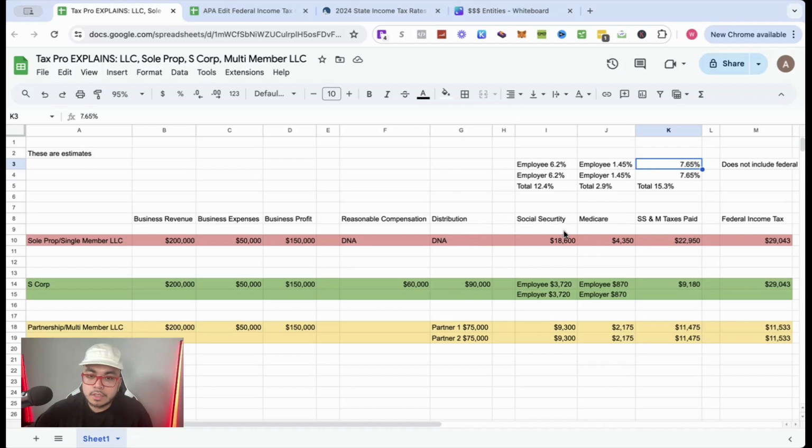Okay. So based on this alone, off of $150,000, when you are a sole proprietorship single member LLC, you are not only the employee, but you also are the employer. Now, that sounds crazy to some people. So, hey, I have to pay 7.65 as an employee, but then as the employer also, I have to pay another 7.65.